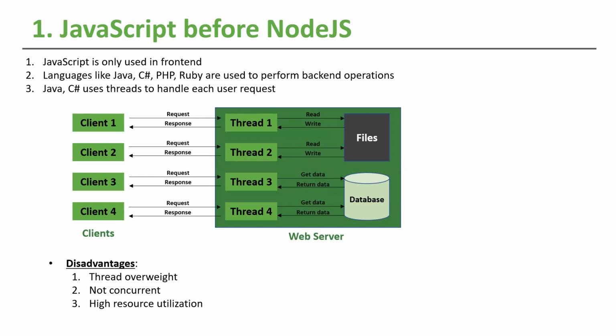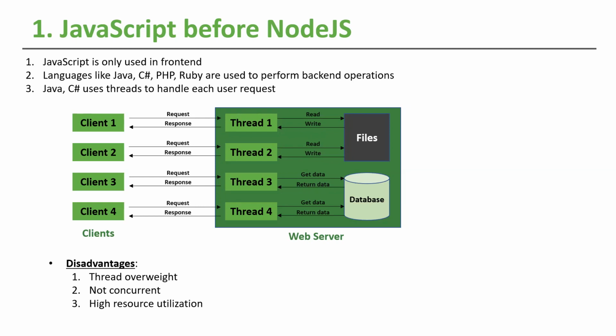And Java and C Sharp use threads to handle each request. If you see in this diagram, these clients are users. A client can be anything. We can access a website through mobile or desktop. So these are clients, and each web application is hosted on a different server, a web server.